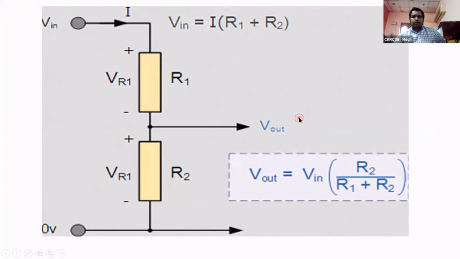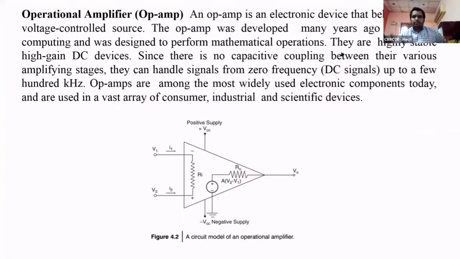Now today's topic is operational amplifier. The short form is op amp. This is a widely used electronic device in many industries, in many applications. This is a very important device for signal conditioning.